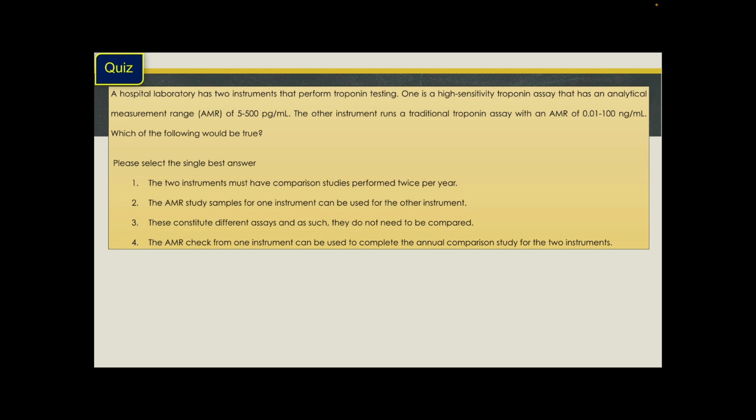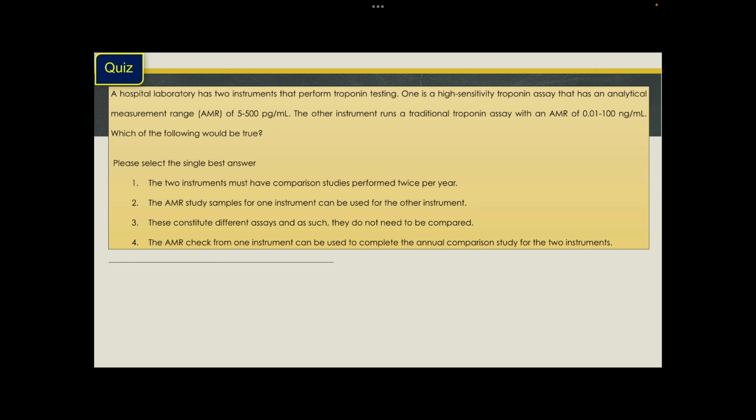Please select the single best answer. 1. The two instruments must have comparison studies performed twice per year. 2. The AMR study samples for one instrument can be used for the other instrument. 3. These constitute different assays, and as such, they do not need to be compared. 4. The AMR check from one instrument can be used to complete the annual comparison study for the two instruments.